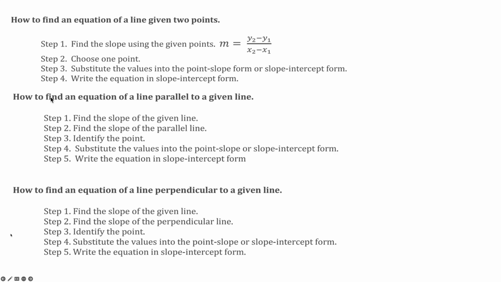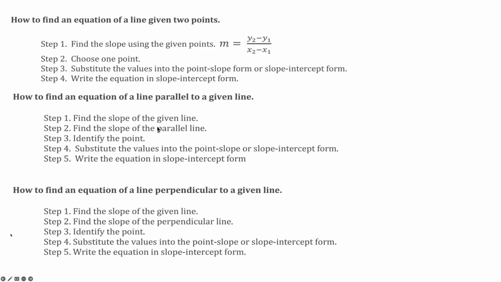If you're given equation of a line parallel to a given line. Now, sometimes here, when you are talking about parallel to a given line and also perpendicular to a given line, you're going to have to find the slope from those given lines.